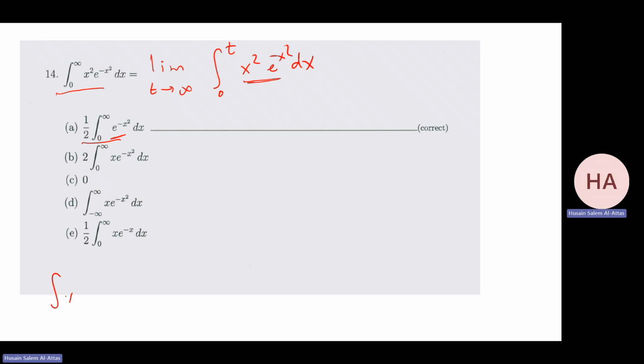Think about the integration. Yeah, I can do this trick. This is x times x e minus x squared dx. And I will make another trick where I make this minus 2 and I have minus half outside.